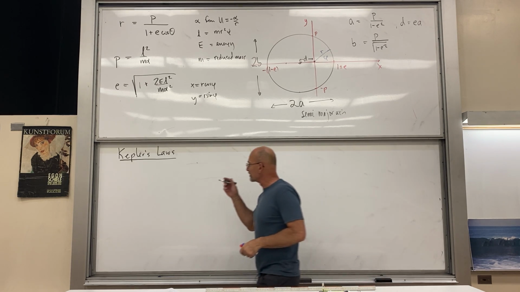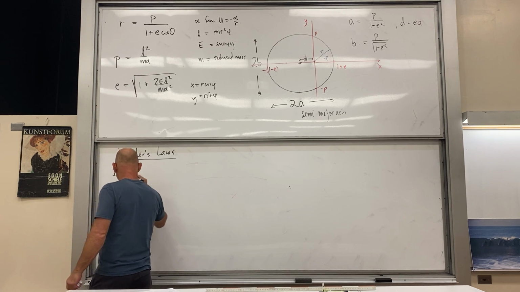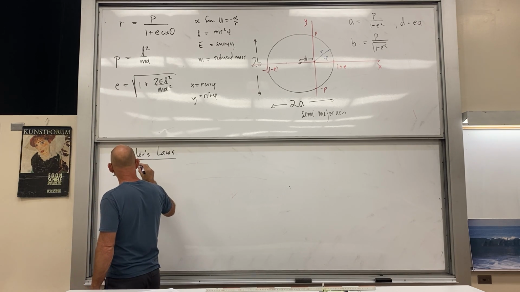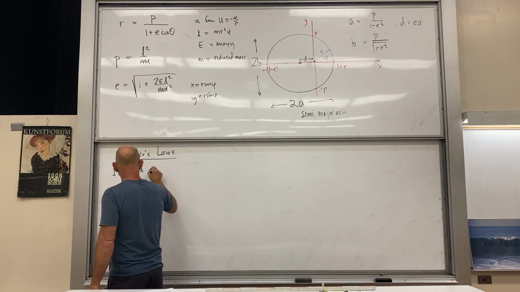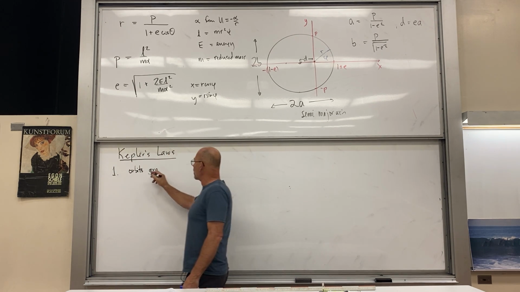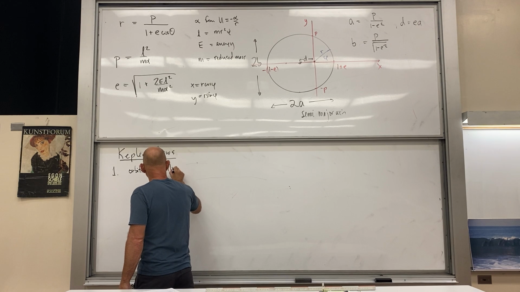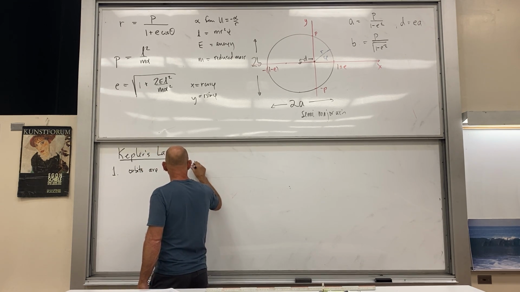Good. So Kepler's laws. The first law is, let's say, the orbits of the planets around the sun are ellipses with the sun at one focus.